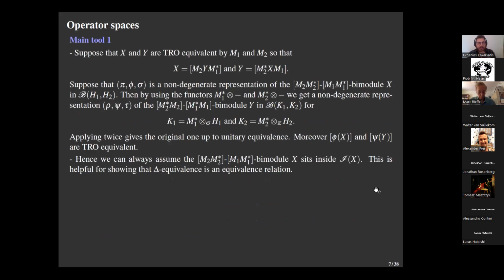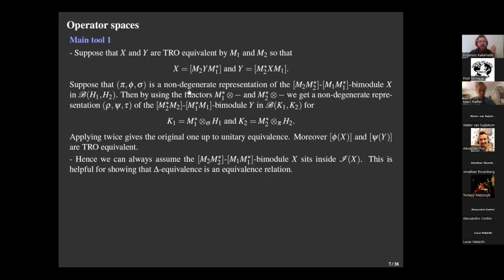And that's perhaps the point of the next slide, which is what has been the main tool that we had used in that work with George. So if you have TRO equivalent operator spaces X and Y, then what you can do is start inducing representations from one bimodule to the other.